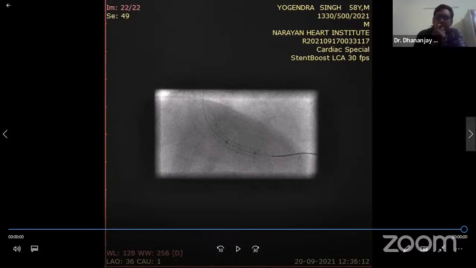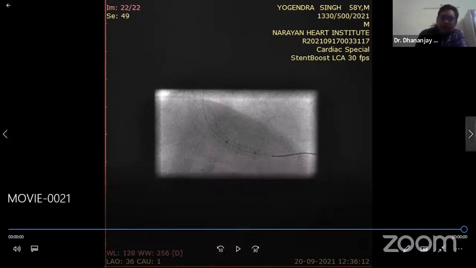But during this procedure, the proximal part of the RCA got thrombosed and totally occluded. So we decided to put a stent in the proximal part first, and thereafter tackle the ISR section.